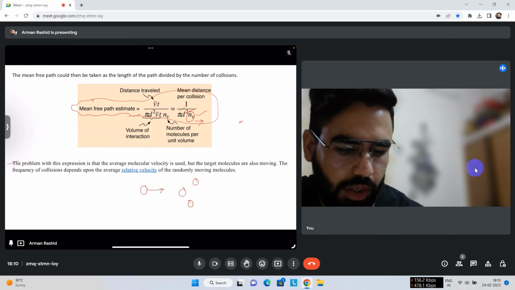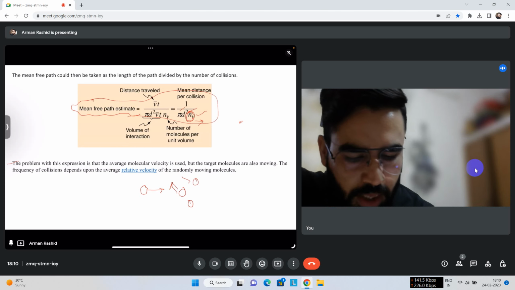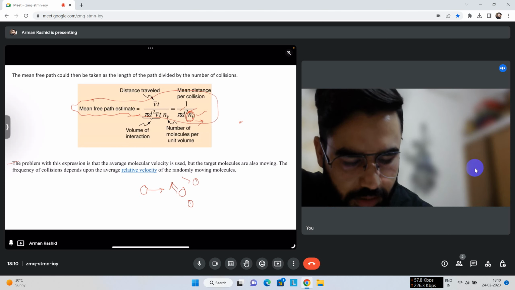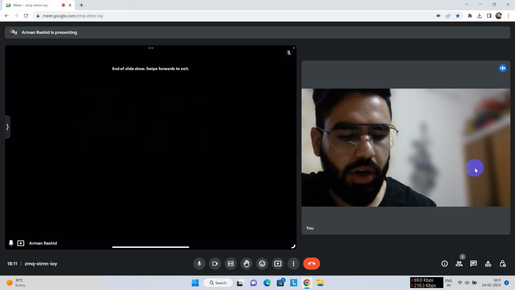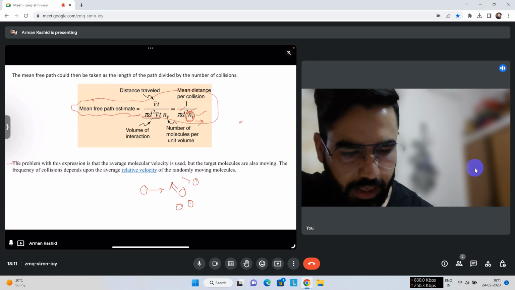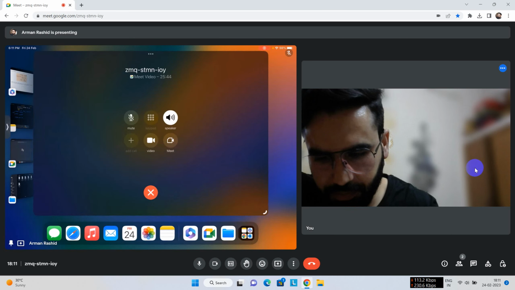Other molecules are also moving. So instead of the mean velocity, we have to use the relative velocity and modify the equation accordingly. That is our motive for today.